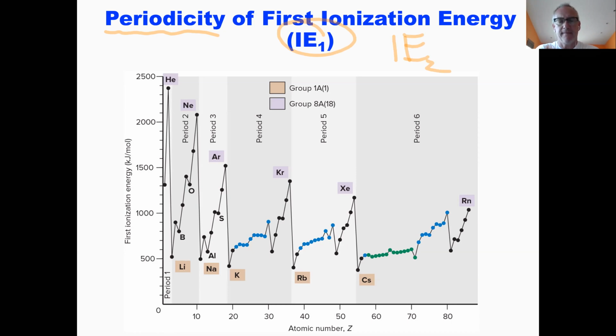What does that mean? Required in first period. Sorry? The energy required to remove in the first period. No, you're close. Because there's the first ionization energy of any atom. It doesn't matter in what period it's in.